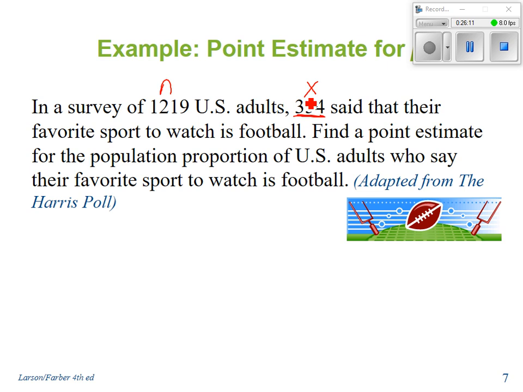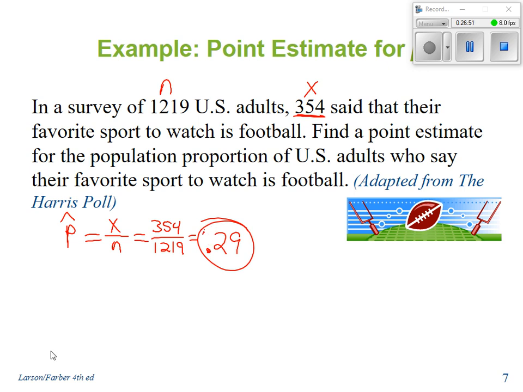To find P hat, you just use that little formula from a couple slides ago, X divided by N. So 354 divided by 1219 is 0.2904. We'll just round it off about there. So about what percentage of people say football is their favorite sport? About 29%. Write your answers this way; don't change the percents every time, unless they ask you to change it to a percent.